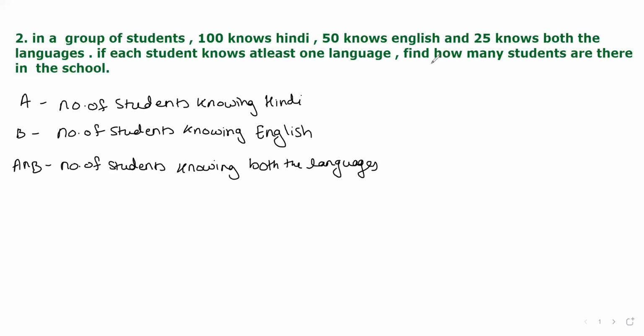If each student knows at least one language, how many number of students are there in the school? अगर हर बच्चे को कम से कम एक लैंग्वेज तो आती ही है, तो कितने बच्चे स्कूल में?